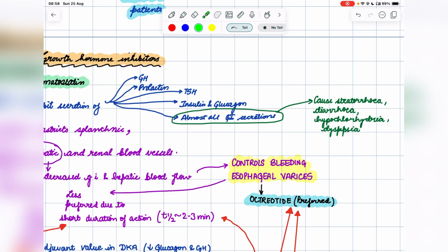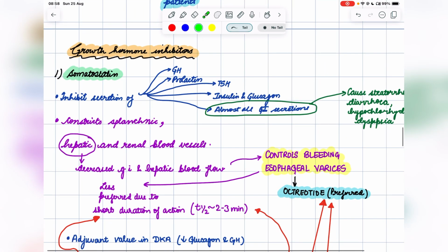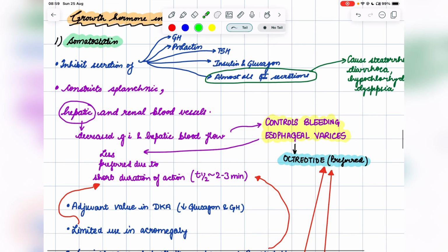So it actually inhibits most of the hormonal secretions. Okay, but the main point that is very important is that it constricts splanchnic, hepatic and renal blood vessels. This constriction is very important because when it reduces the hepatic blood flow, because there is constriction of hepatic blood vessels, there will be decreased GI and hepatic blood flow, and it will ultimately lead to betterment of esophageal variceal bleeding.